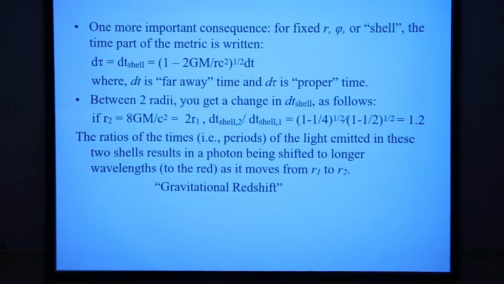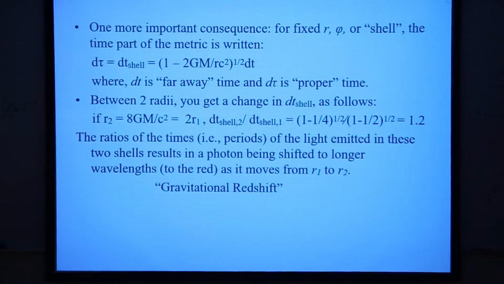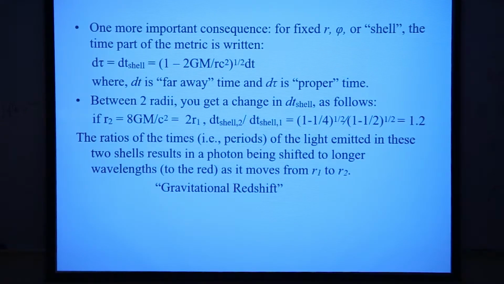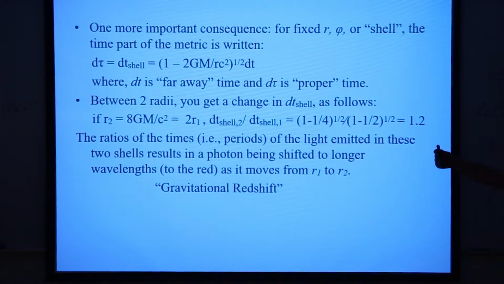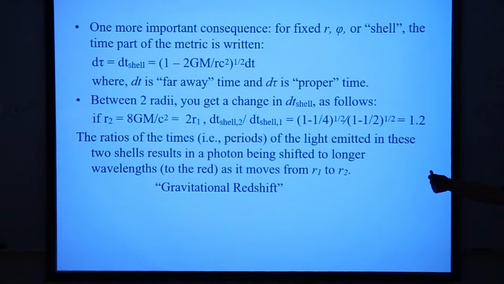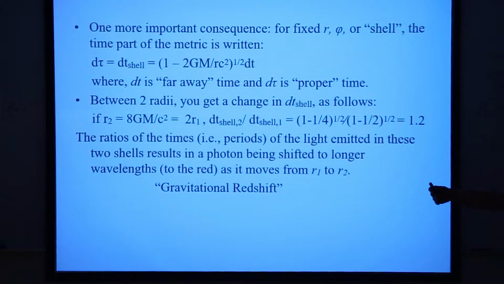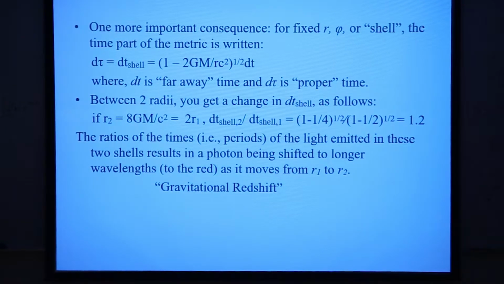Since the times or periods change, the period gets longer, the wavelengths get longer. So you can think of this in terms of the light being shifted to the red. As the photon is attempting to escape from this very deep potential well, defined in relativity, its wavelengths are shifted to longer wavelengths, and you get a gravitational redshift.